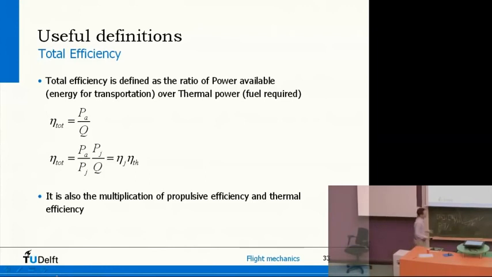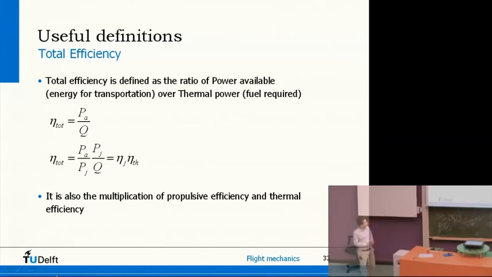Now, you can understand that jet power divided by jet power is equal to 1. So in the second equation, I've multiplied total efficiency with 1, jet power divided by jet power, and rewritten it slightly: power available divided by jet power, multiplied with jet power divided by thermal power. And if I do that, then I can make a distinction in efficiency.